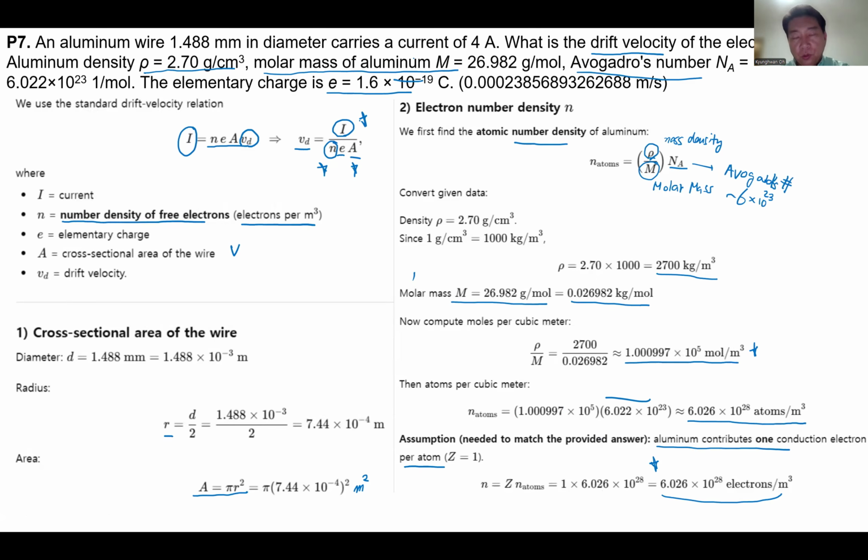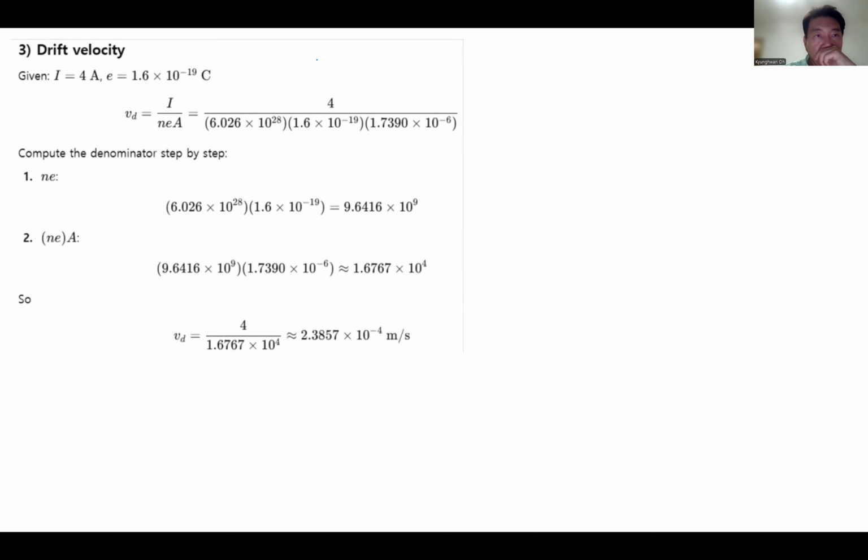Then you can find the drift velocity. So we get the drift velocity given by this formula, and it is on the order of 10 to the minus 4 meters per second. That means the drift velocity of electrons in a conductor is pretty slow.